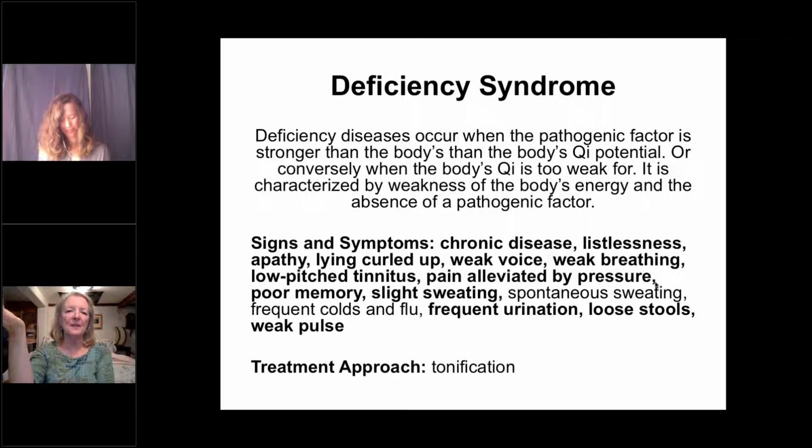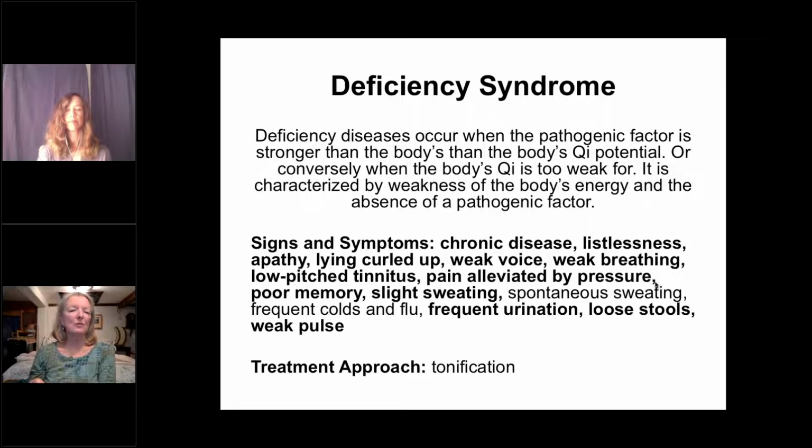Deficiency symptoms, we've covered these basically. There's weakness in any of the signs and symptoms you see. Weak voice, weak breathing, any tinnitus is weak. It's low pitched, it's not as loud. There's slight sweating, not a lot of sweating. There may even be spontaneous sweating. Frequent colds and flus, the person doesn't have enough of that defensive chi. Apathy, lying curled up, listless.